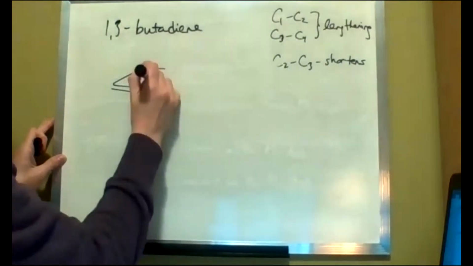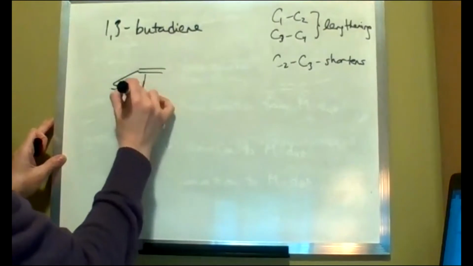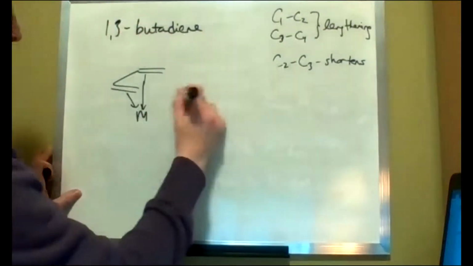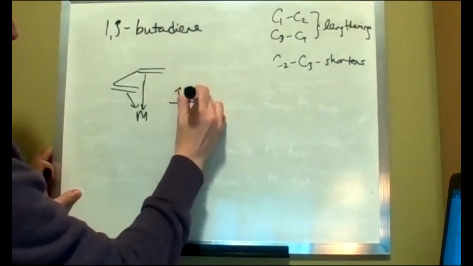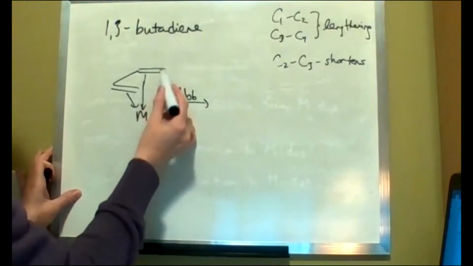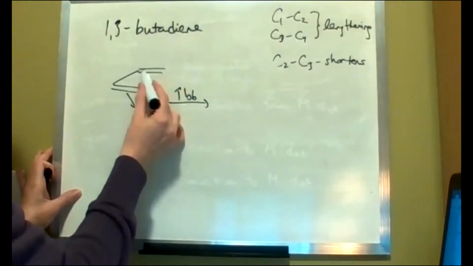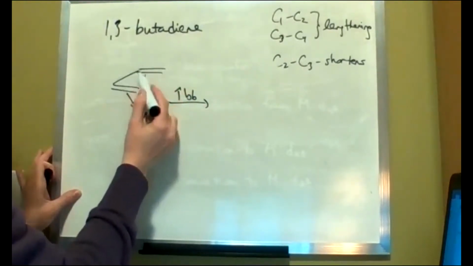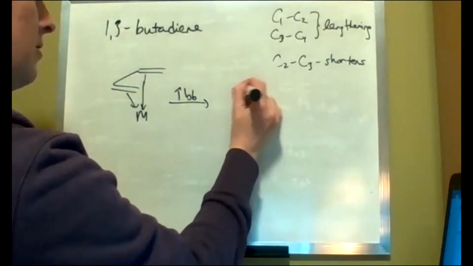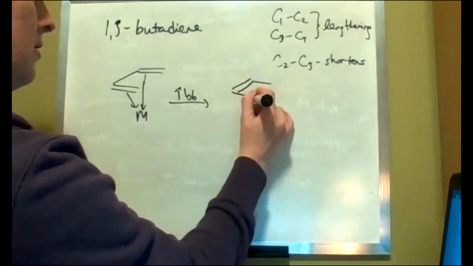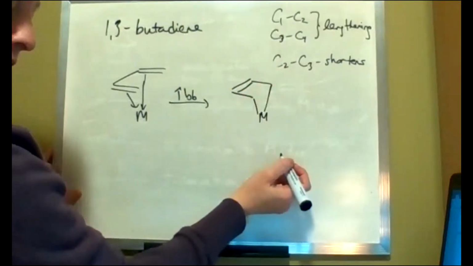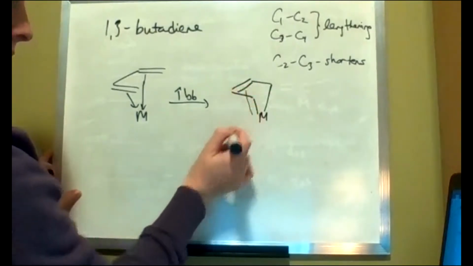So your metal is being bound to that one and through that one. It's kind of like a bit of a sandwich. Now, as you increase your back bonding, you're starting to make bonds between these guys on the outside, lengthening these, shortening that one back there. So ultimately, you end up with this situation right here.